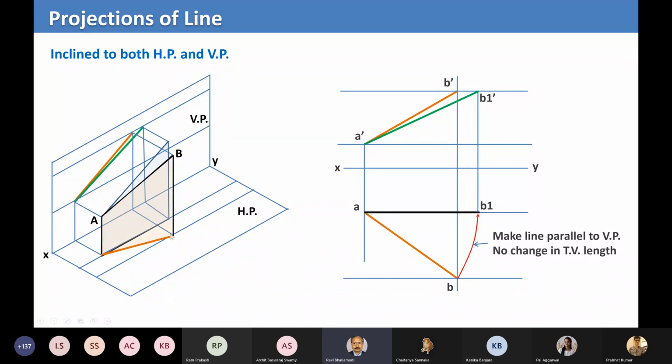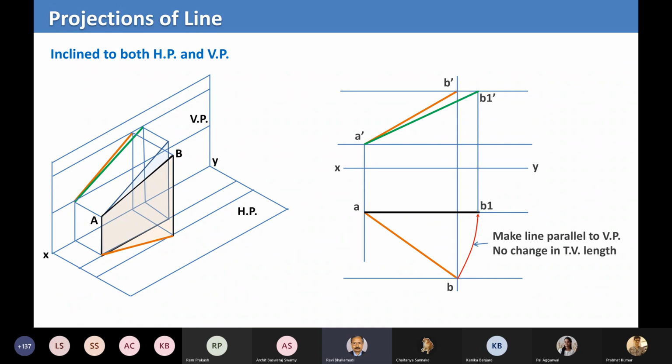Following that in three dimensions, this is my point B, and from B I go to my B1, and from B1 I go to the other side of the XY line. From there, I'm projecting it to this one, which is my B1 dash.